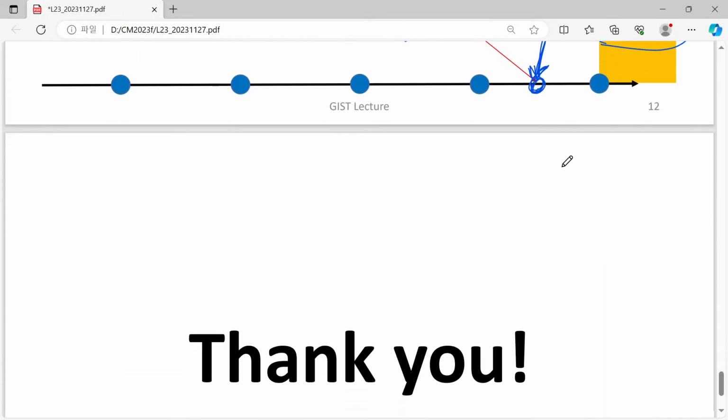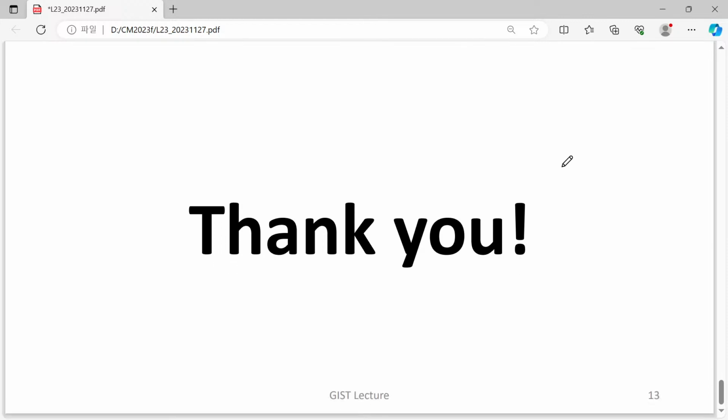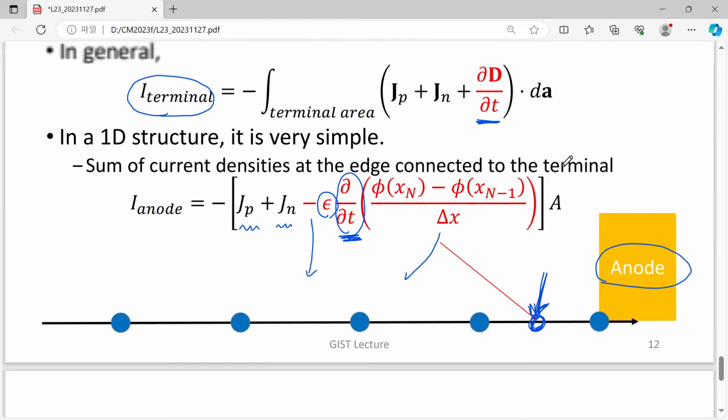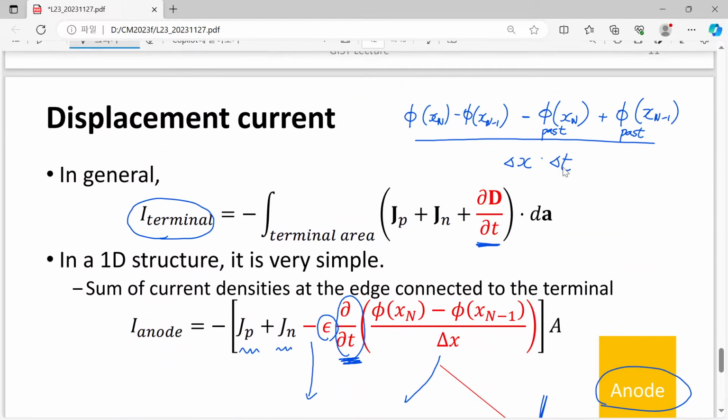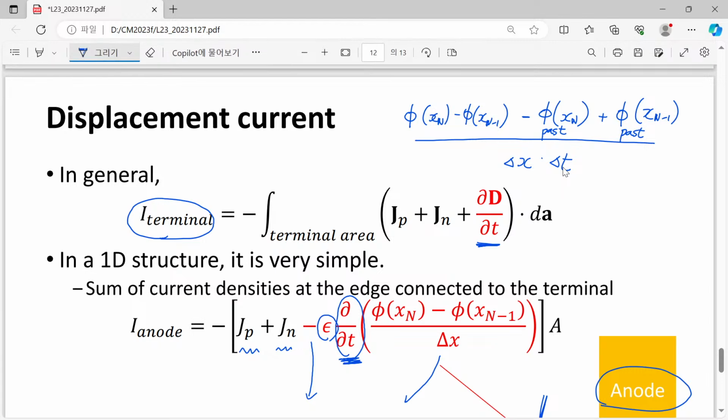So I think that's it for our lecture today. Although I have quickly covered these two topics, like mixed mode simulation, actually not the full mixed mode simulation, but attaching the terminal resistances to terminals, and considering the time derivative term and the displacement current term, the actual implementation is quite involved, so you must consider considerable effort for the real implementation.